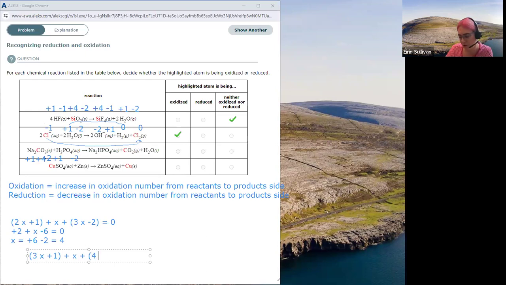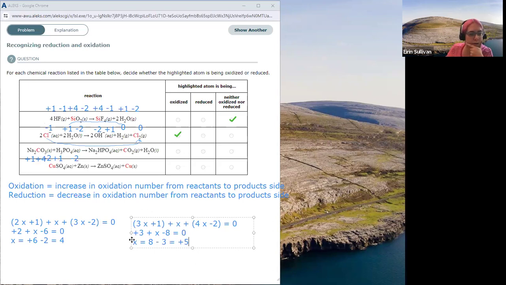We've got 4 times -2 for the oxygen, and that will be neutral overall. So +3 plus X minus 8 equals 0. Therefore, X equals 8 minus 3. So phosphorus is going to be +5 in this case.